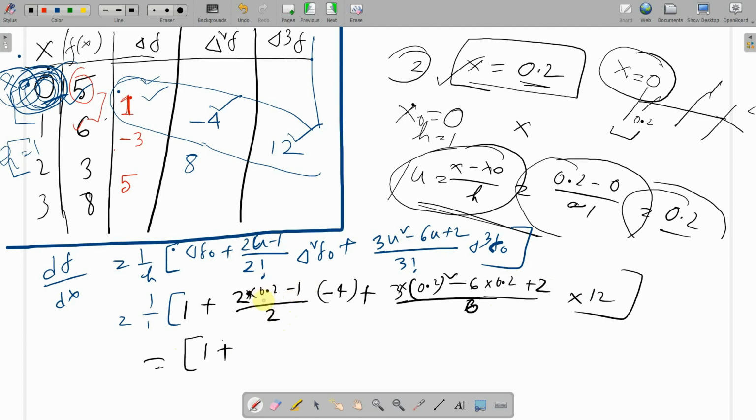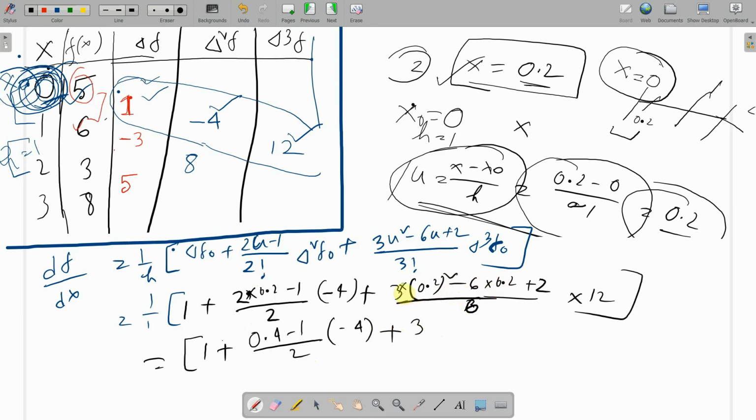This is coming around how much? 2 into 0.2, so it will be 0.4 minus 1, by 2, multiplied with 4, plus 3 into 0.2 square minus 6 into 0.2.